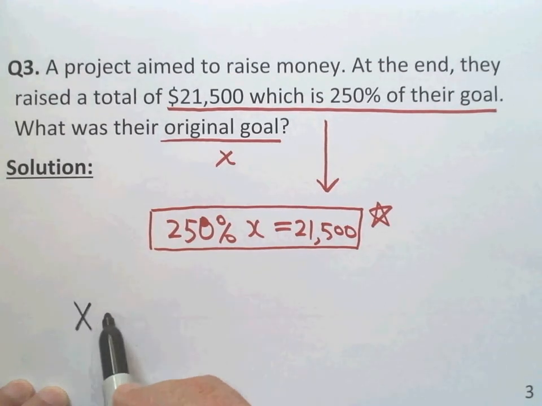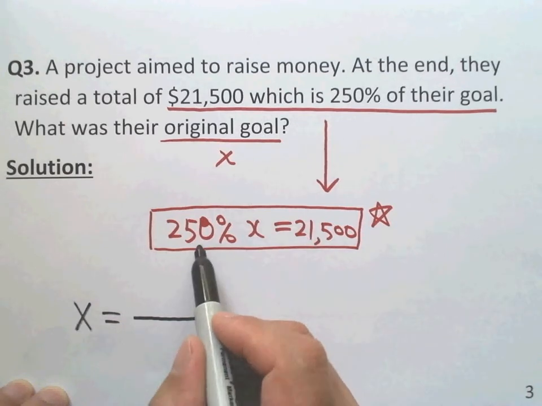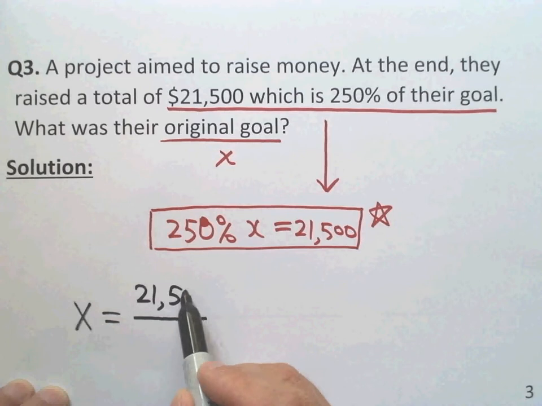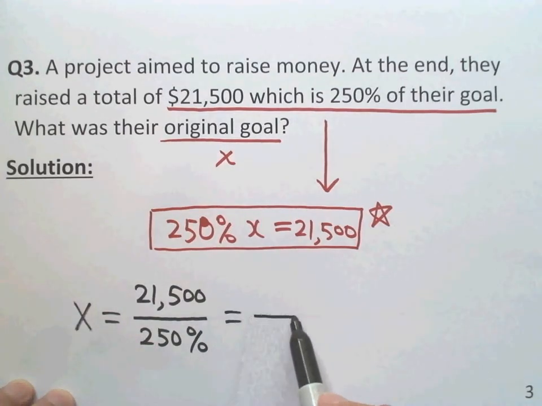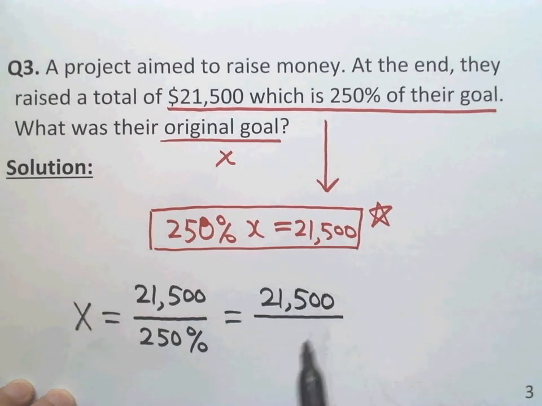So what is x? We use this number divided by this coefficient: x equals 21,500 divided by 250%. Then do the calculation. I'll copy this number. How about the 250%?